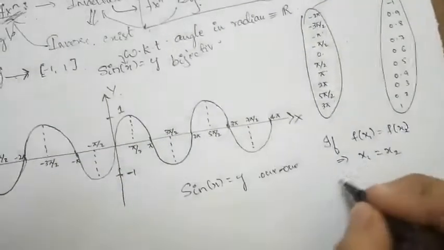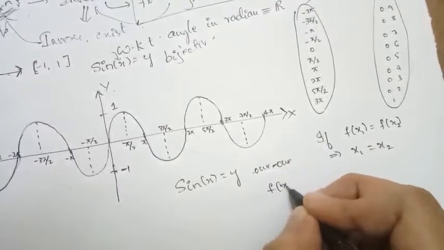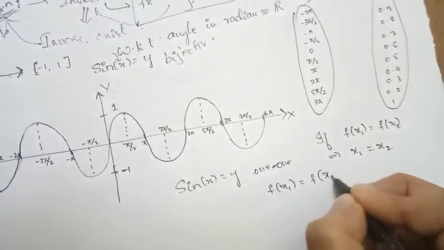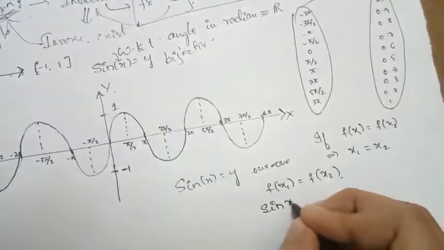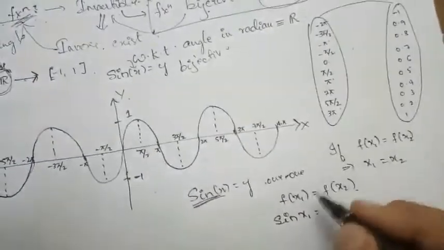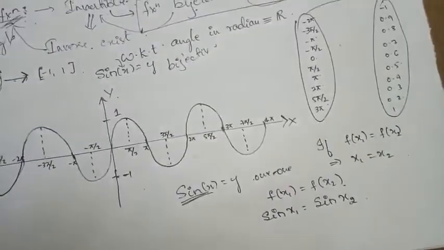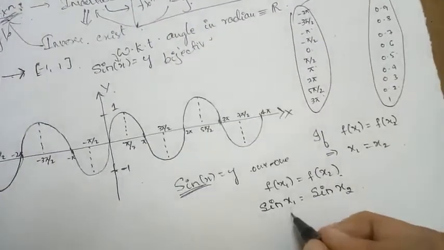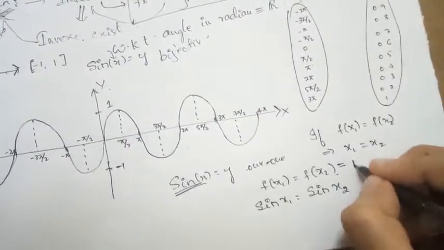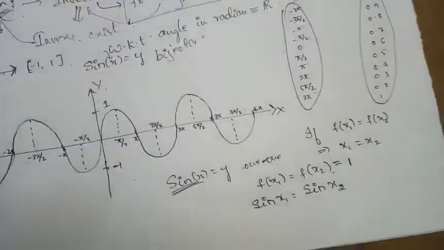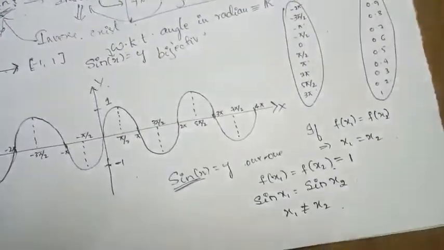Suppose in the sine function, f of x1 is equal to f of x2. That is sin x1 is equal to sin x2. But suppose I take f of x1 equal to f of x2 equal to 1. So sin x1 is equal to sin x2, but this does not imply x1 is equal to x2.